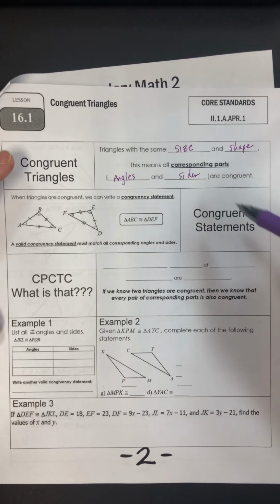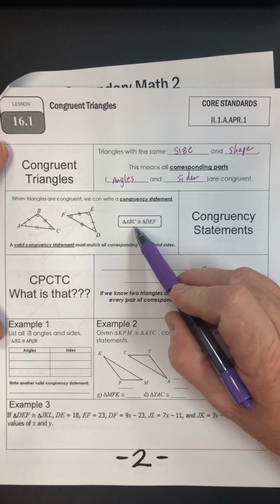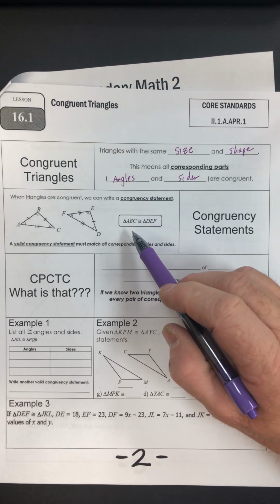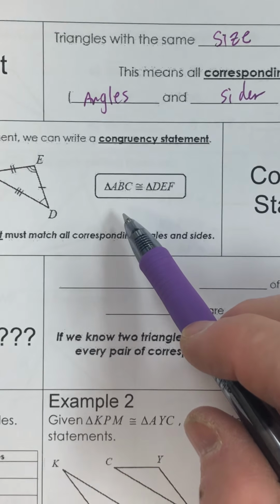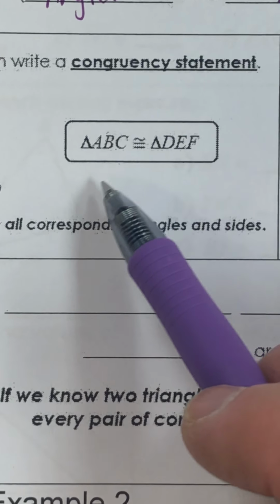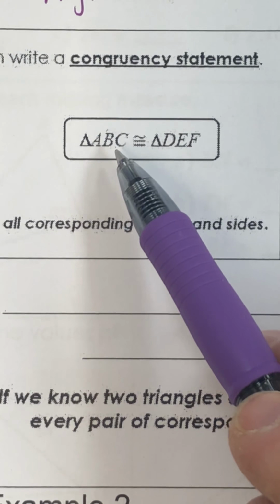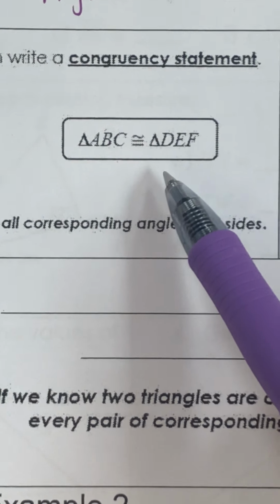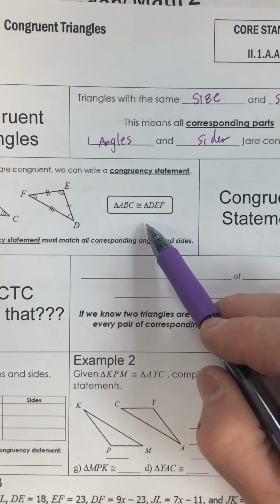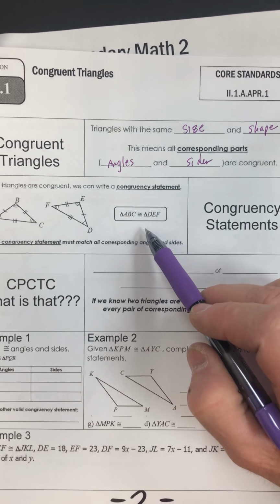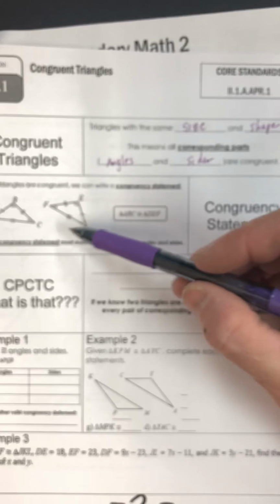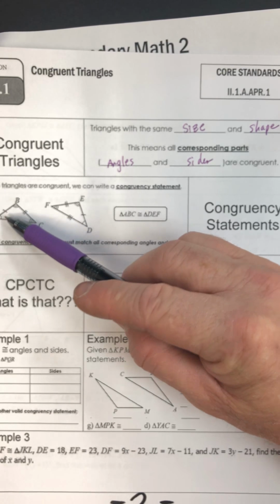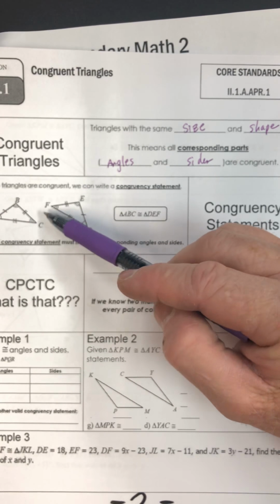So what matters is how we write the congruency statement. The congruency statement is this right here, where it says triangle ABC is congruent to triangle DEF. So it matters the order that you write those letters, because that determines the sides and angles that match up.